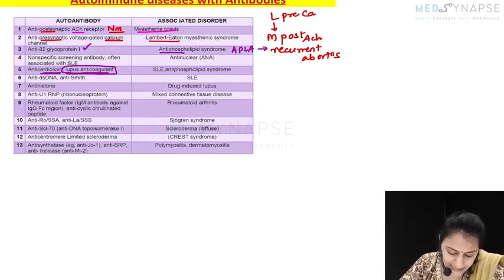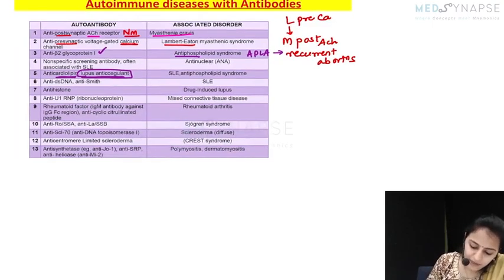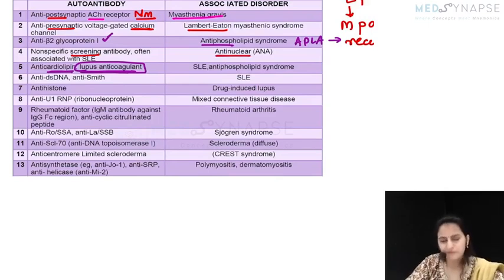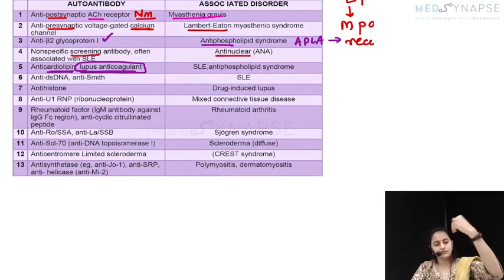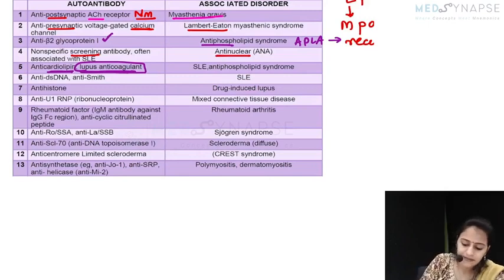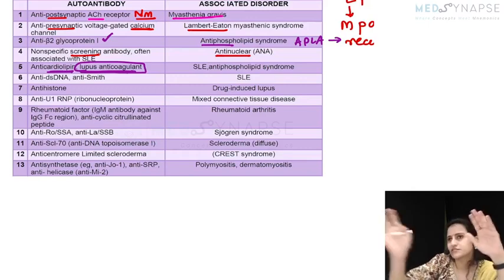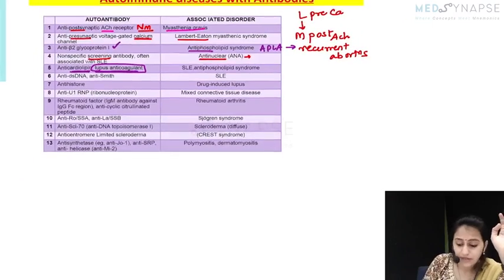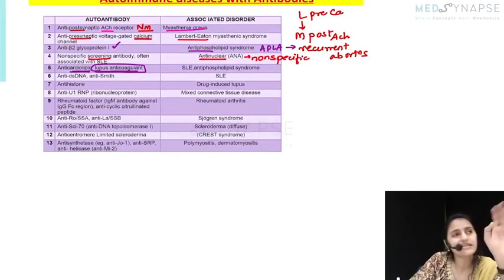In SLE, what is the screening antibody? ANA, right? Anti-nuclear antibody. If you've seen in internship, in clinics, ANA antibody is positive in almost all the autoimmune disorders. So it is very non-specific. That means it's just a screening test.